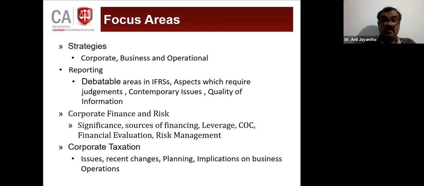So therefore, the contemporary issue was how best we go for a kind of reporting system which is suitable for SMEs. Then we have a separate version of SLFRSs for small and medium. So that is another reporting area, in some cases.